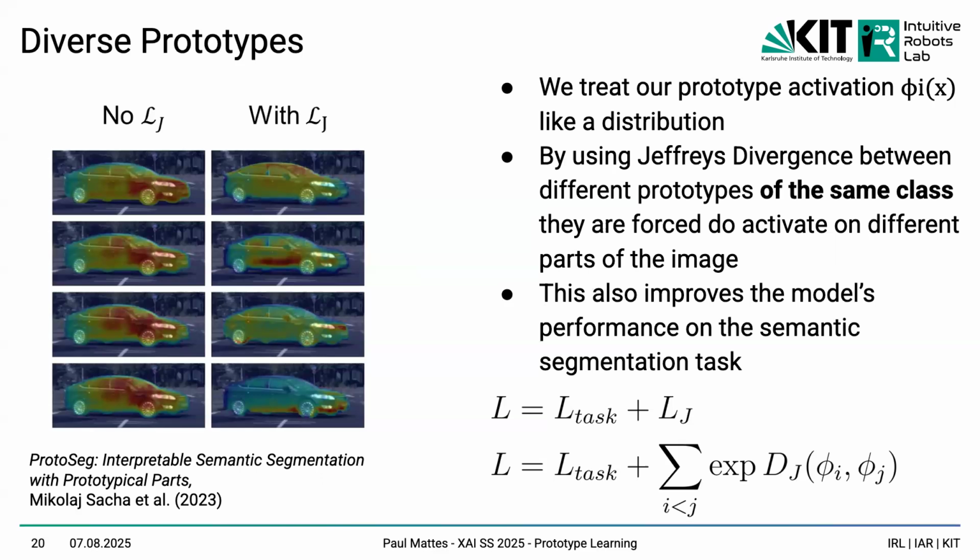With all other prototype methods, it was kind of intuitive why they chose those ones, but at least for this one, I would now try explaining the explanation. Is that done? I don't know. I guess you would have to read the paper. I don't know if they try to explain why the model focuses on different parts, but I would recommend looking into the paper because they will surely have some explanation for why the model focuses on those specific car parts.